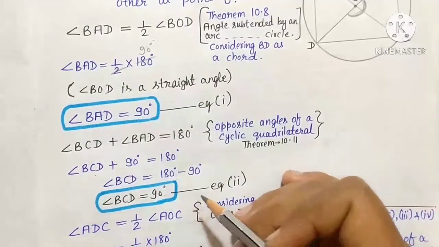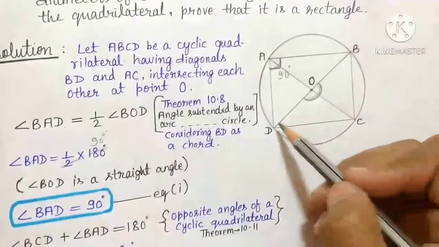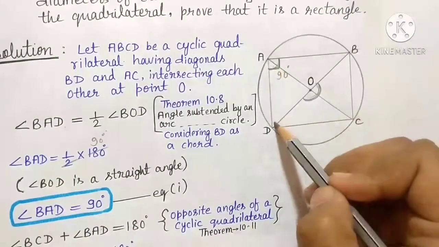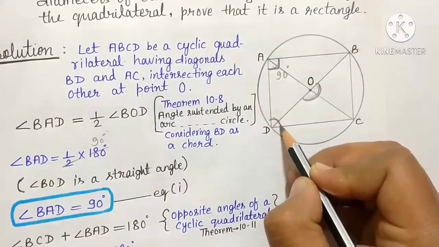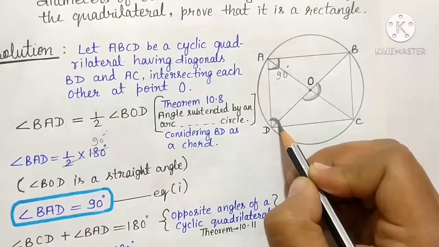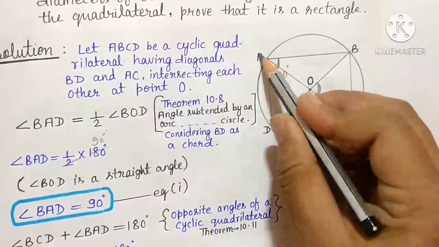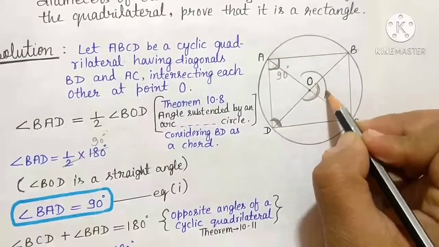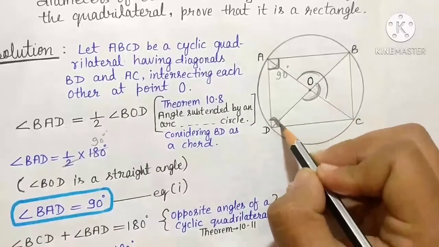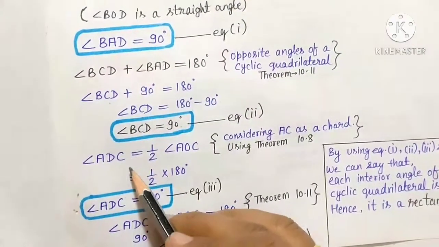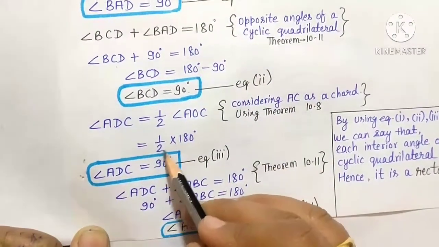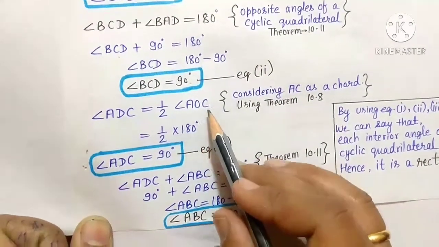Now check angle ADC. This angle is also half of angle AOC, which is a center angle. So angle ADC is half of 180, because angle AOC is a straight angle.